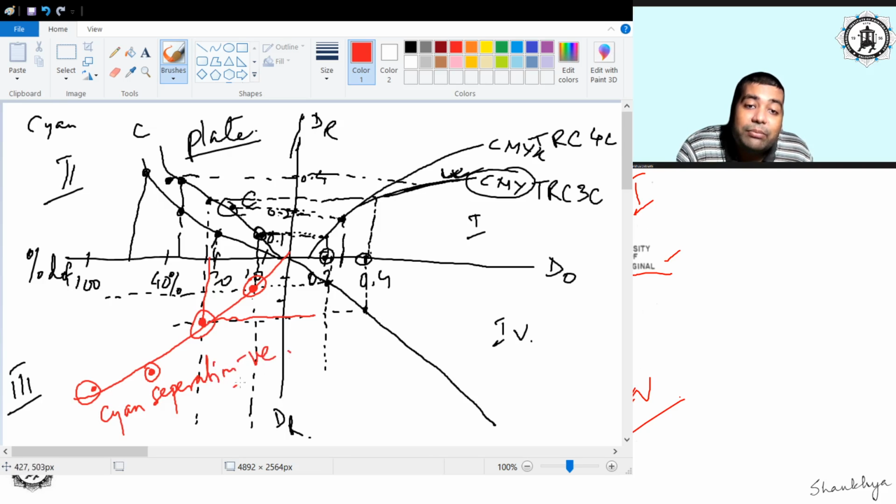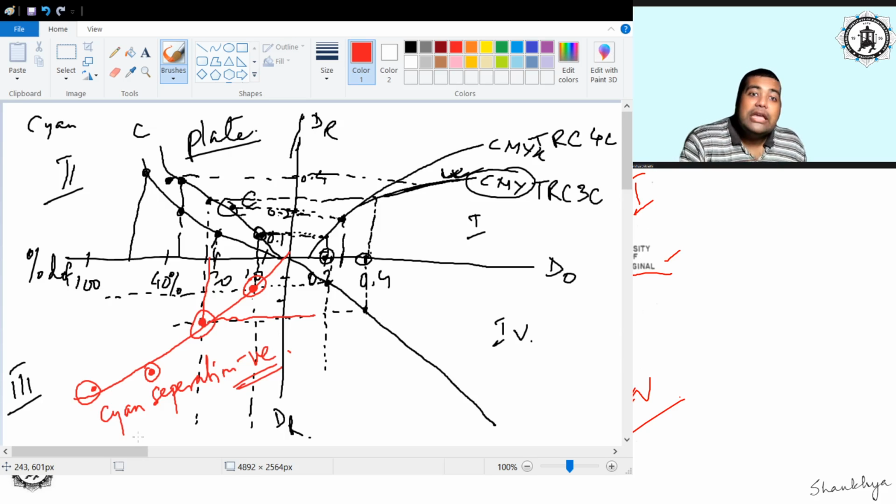When I am preparing my separation negatives, if you remember our class in that photographic masking chapter, in that lecture, what I told you, you have to use a mask whose transfer function or whose characteristic curve is such that after adding both the transparency plus the mask, the resultant you get is of a certain nature.